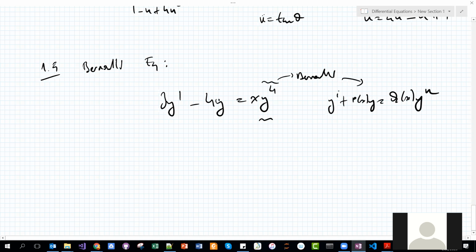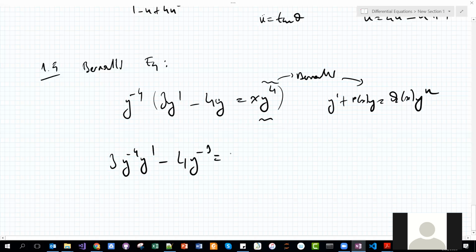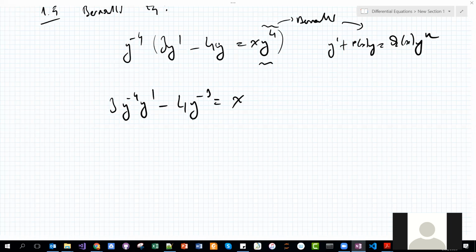What am I going to do? I'm just going to multiply the whole equation, sorry. My first purpose is to cancel the y to the n term. If I multiply by y to the negative 4, that is what I'm going to have. After that, I will use a substitution: u equals y to the negative 3.